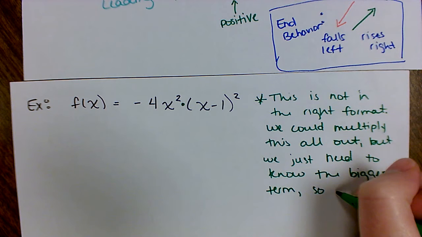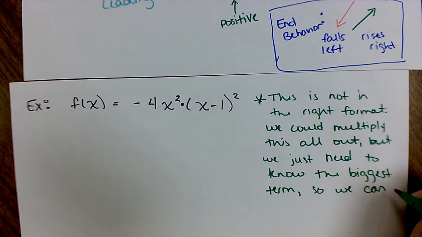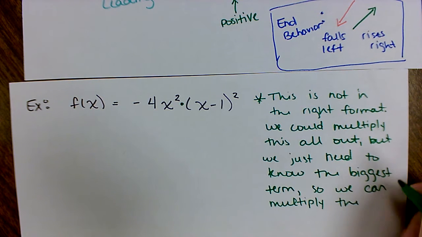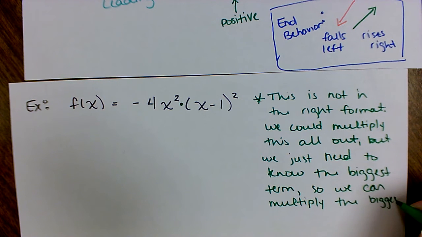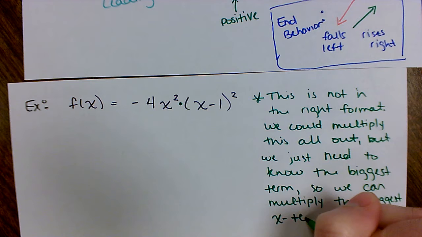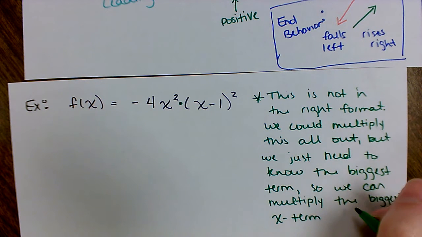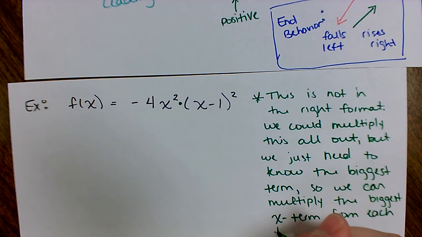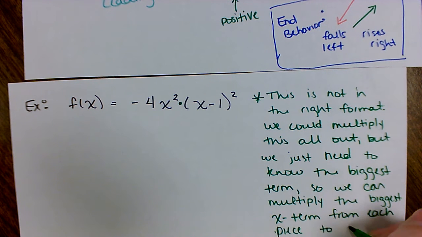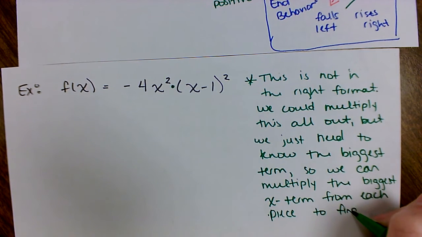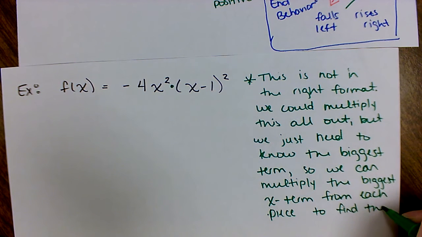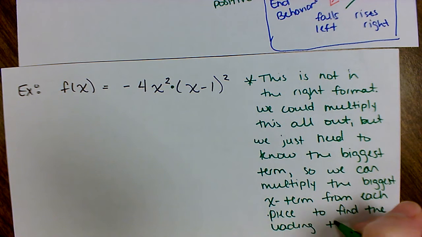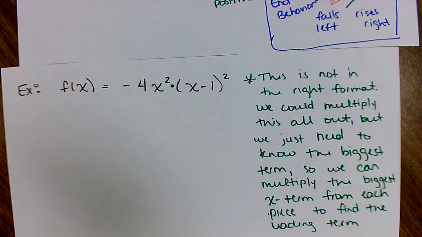We just need to know the biggest term, so we can multiply the biggest x term from each piece to find this biggest term, the leading term, is the correct word for that.